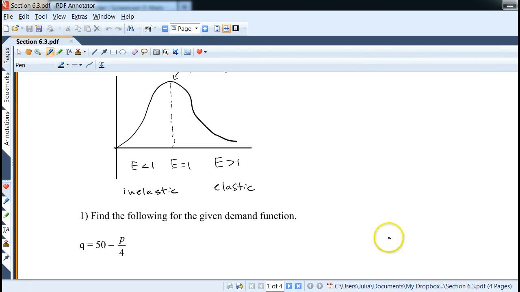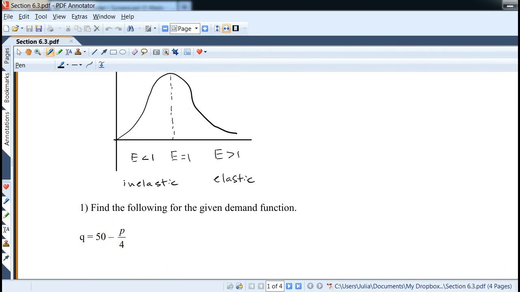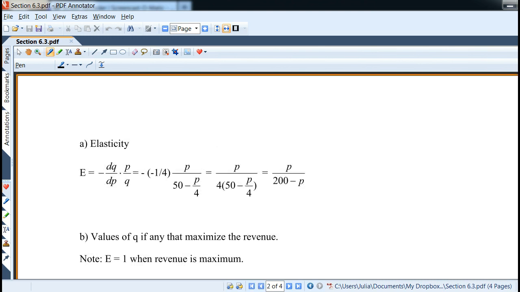We can find elasticity. For a given demand, let's say Q equals (50 minus P) over 4, the way we can calculate the elasticity is with this equation: negative dQ over dP times P over Q. If we take the derivative, note how 50 went away, but we'll get negative 1 over 4.